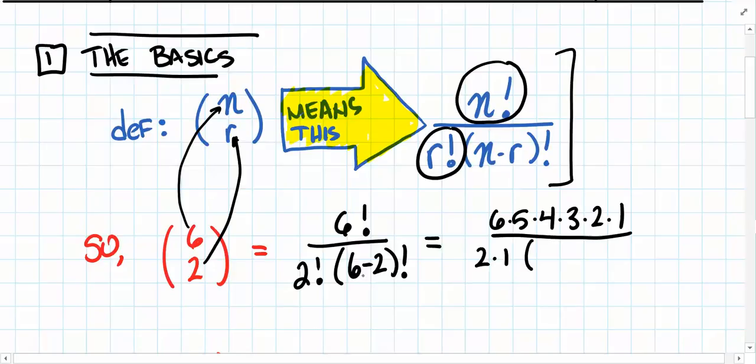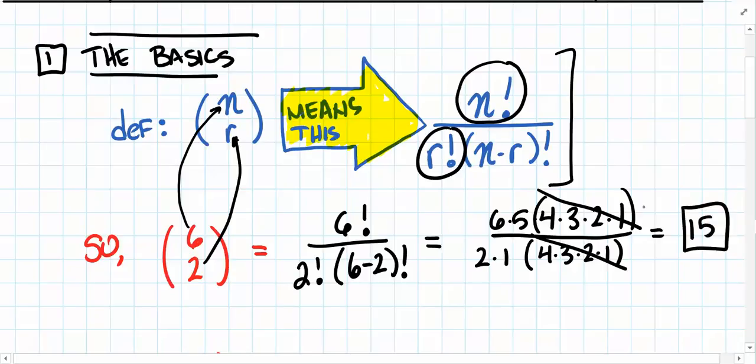And then 6 minus 2 is the number 4, so 4 factorial is 4 times 3 times 2 times 1. Hopefully you've all realized that everything cancels from 4 down to 1. So I'm left with 6 times 5, which of course is 30, divided by 2, which is 15. So 6 over 2 gives us a value of 15.